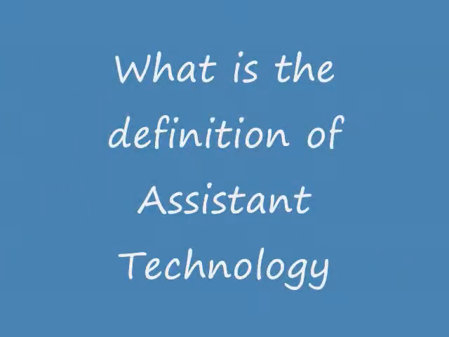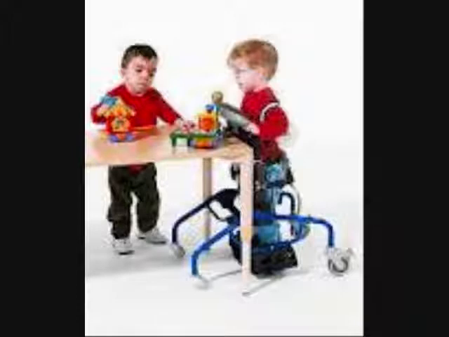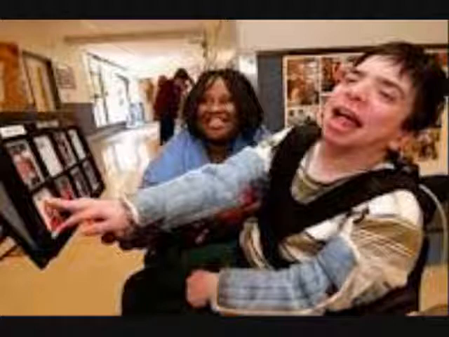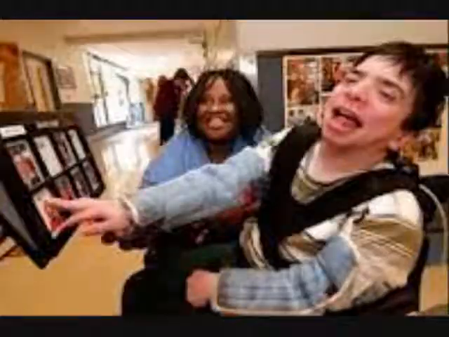The definition of assistive technology devices in general is the term. It means any item, a piece of equipment or product system, whether acquired commercially off the shelf, modified or customized, that is used to increase, maintain, or improve functional capabilities of a child with a disability.